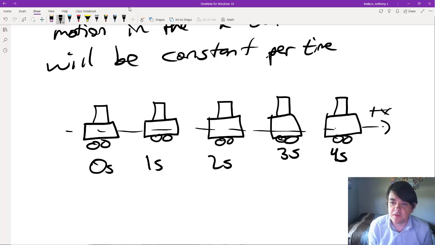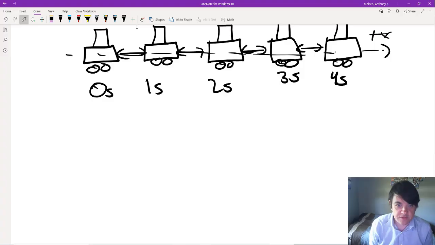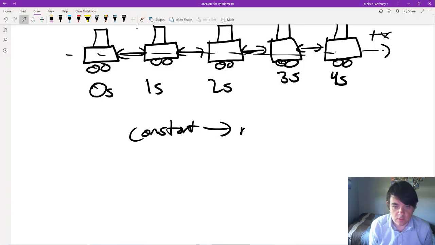But notice that the change in motion each time is the same thing. So he's not accelerating, is my point. So it's constant, not accelerating.